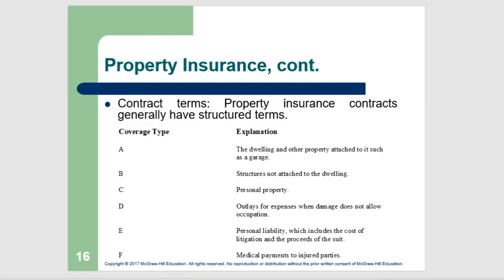Additionally, we have different property types, right? So A is the dwelling itself, B is structures not in the dwelling, C is personal property, and so on. So you have all these different coverage types, and we can have different policies with respect to each different type of property.